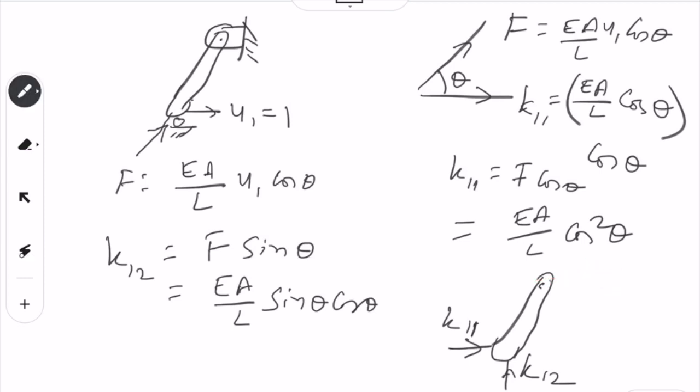So what we get here is K11, but in the opposite direction, and what we need to have is a vertical force which will be also equal to this but opposite direction. So what we will have is K12.